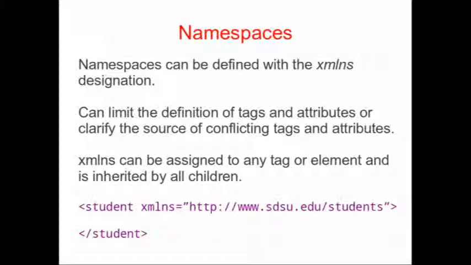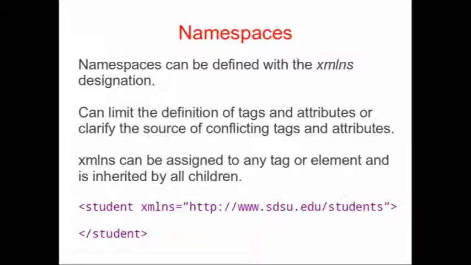Namespaces were introduced to try and overcome conflicts between different types of data. For example, we've seen in our student data that we have two different definitions of year. We might also have a different definition of ID depending on whether we're talking about the student, the class, or the professor.